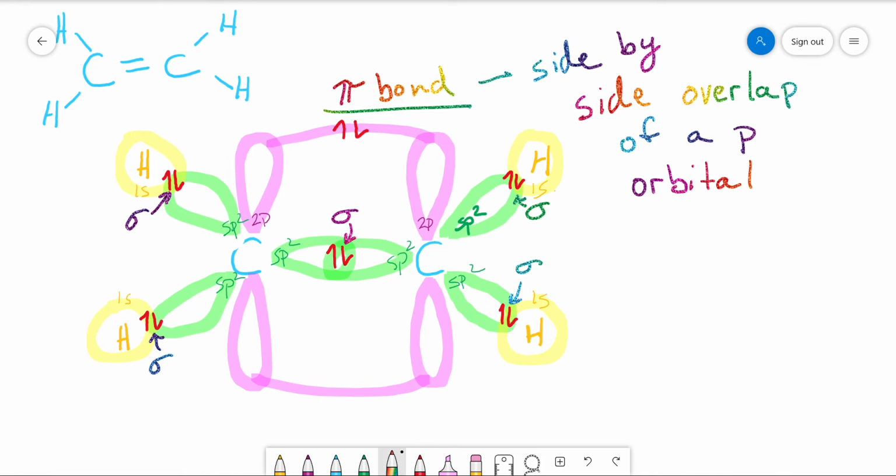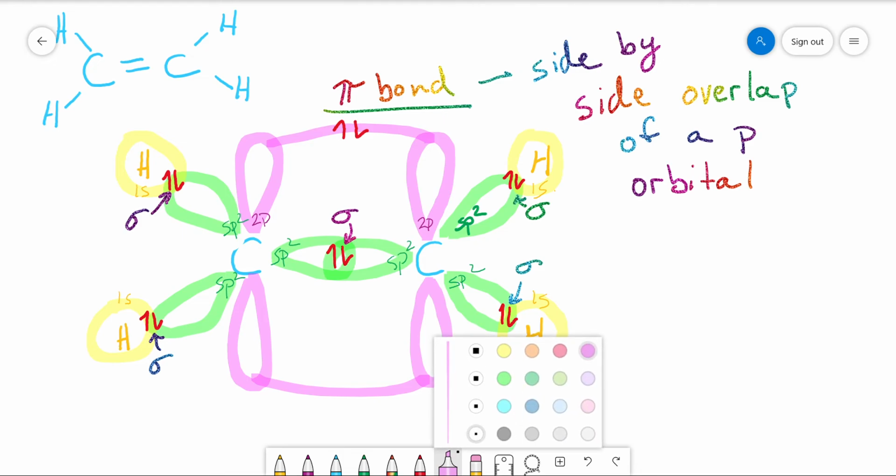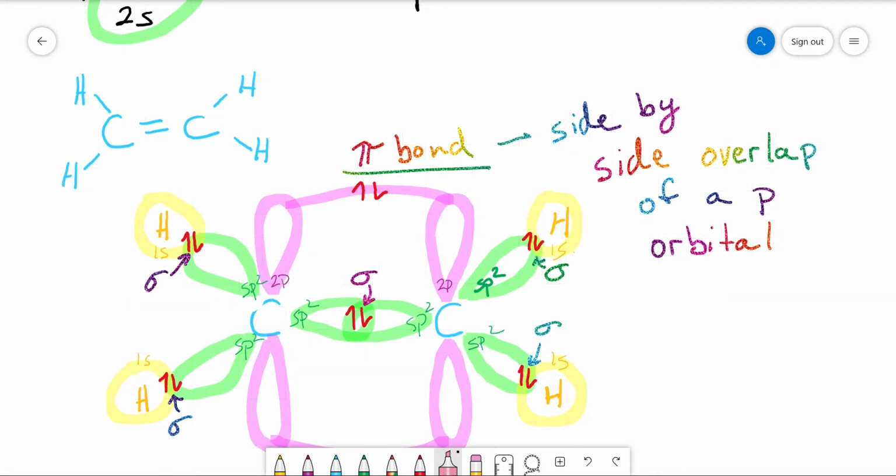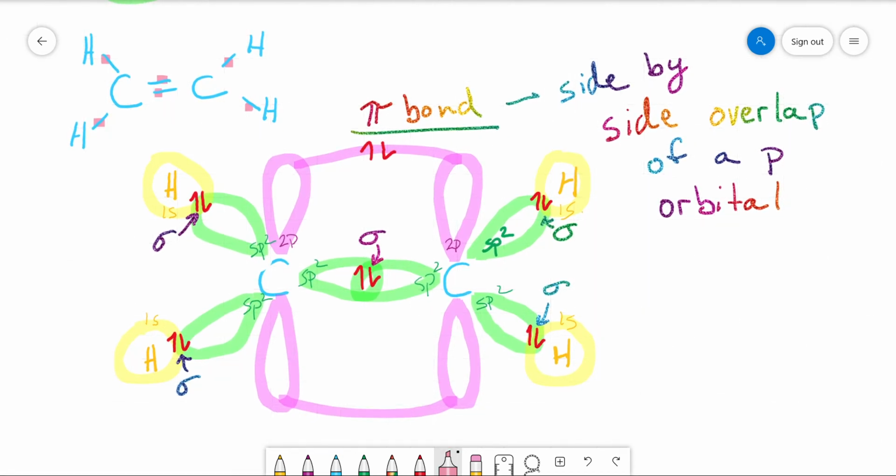Okay, so let's just count everything. Let's count all the bonds. Make sure we have the right number of bonds in our molecule. So let's go up to this Lewis structure here. We have 1, 2, 3, 4, 5, 6 total bonds. So if we count them all, there's 1, 2, 3, 4, 5, and 6. That's 5 sigma bonds, and that is 1 pi bond.